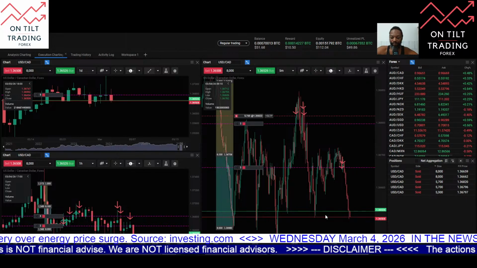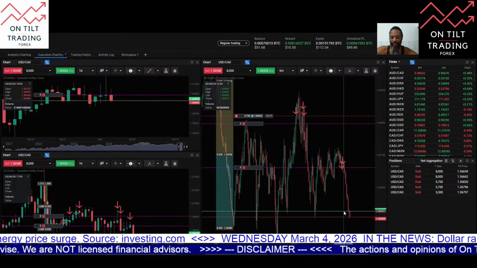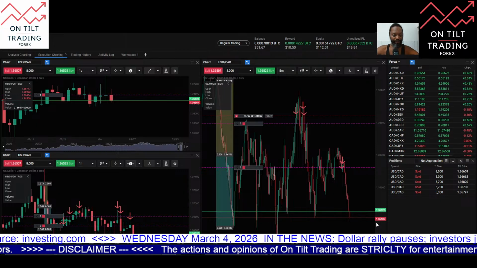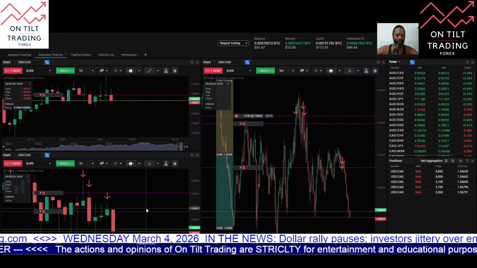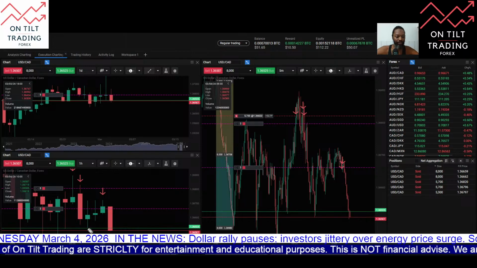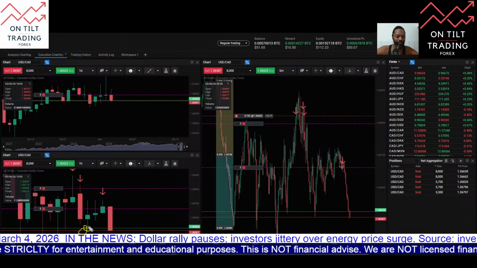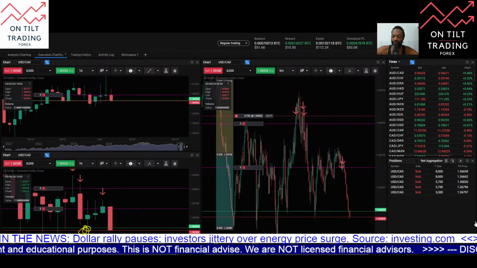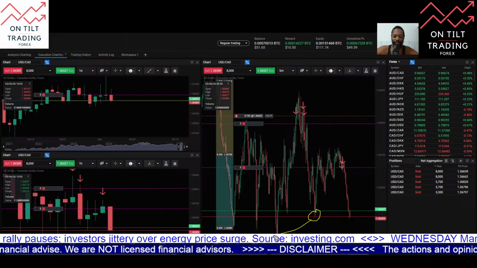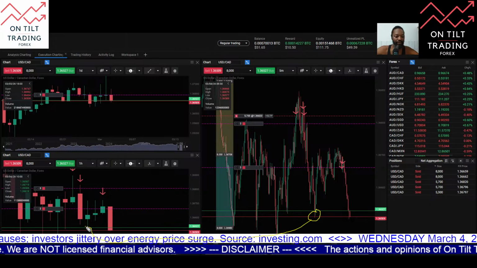So right now waiting for the offer to be able to reach this level, which is a 1 hour swing low, just right here. This is the equivalent right here.